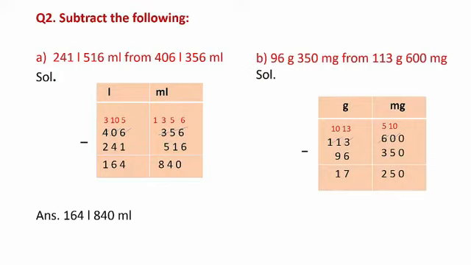Now 600 is a bigger number than 350, so we can easily subtract, and when you subtract you will get 250 milligram. Coming to the gram column, 113 gram minus 96 gram will give you 17. So our answer is 17 gram 250 milligram.